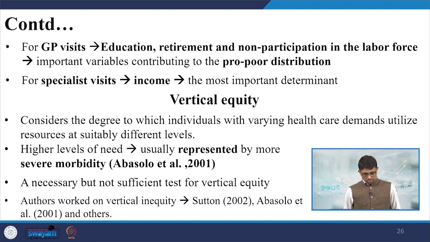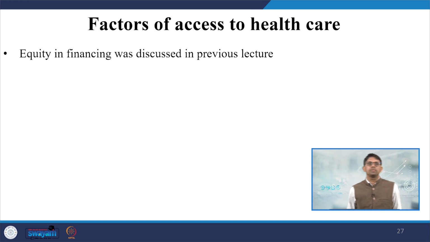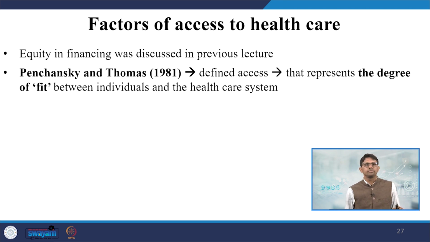Authors also worked on vertical inequity, like Sutton and Bago et al. You can just follow from other papers. Here is some guidance for you to understand the factors of access to healthcare. Some of the works we are citing are Penchansky and Thomas. They defined access through the degree of fit between the individual and the healthcare system.